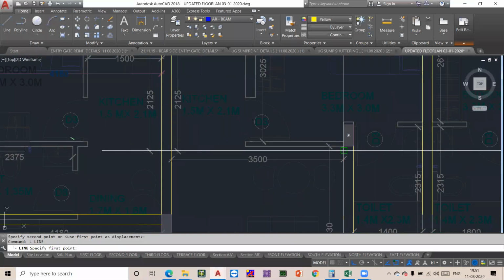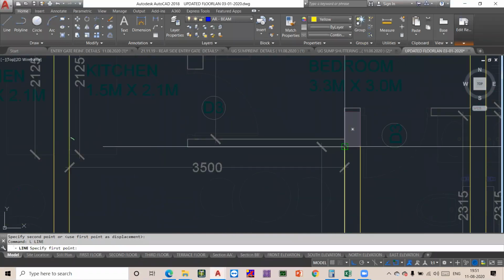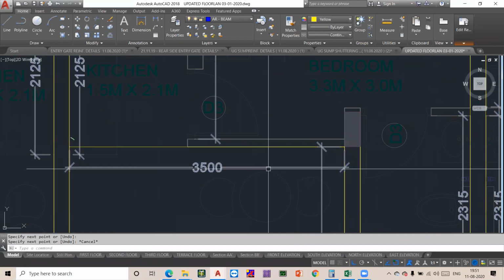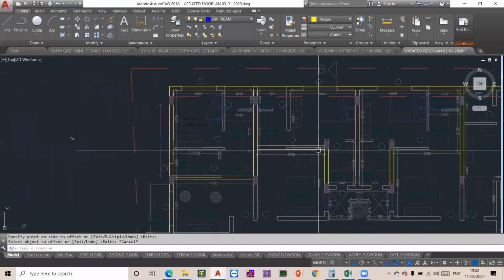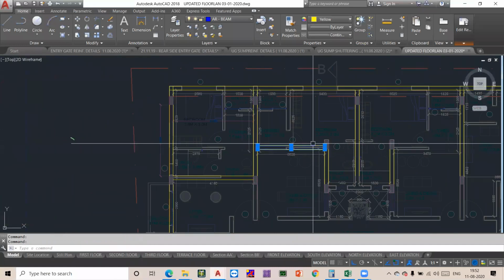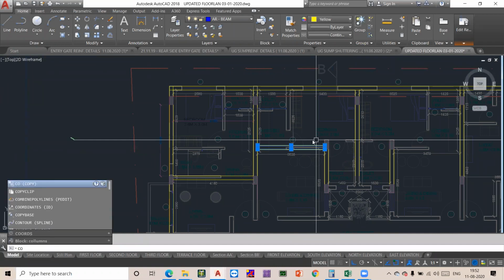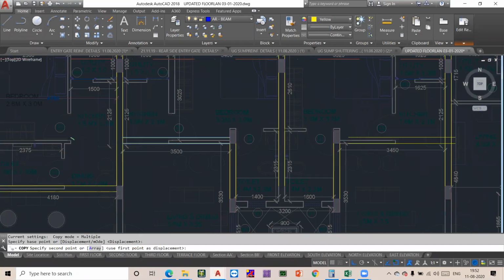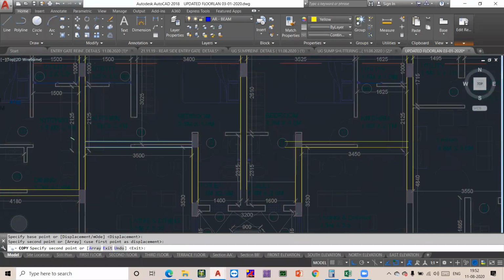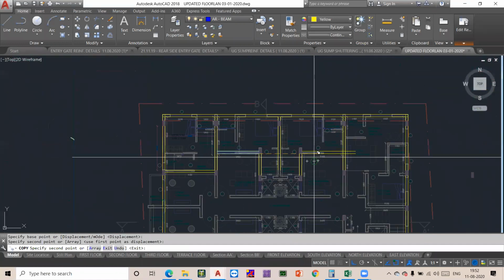And additional beams will be required. I will be again copying the same. Okay.